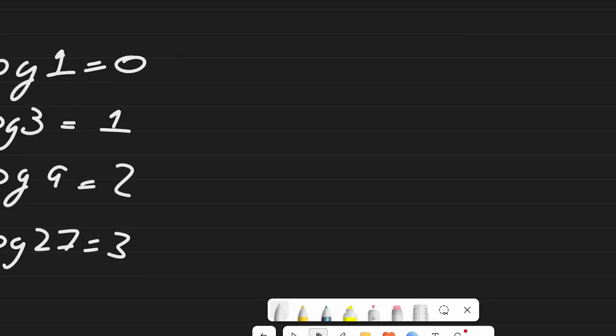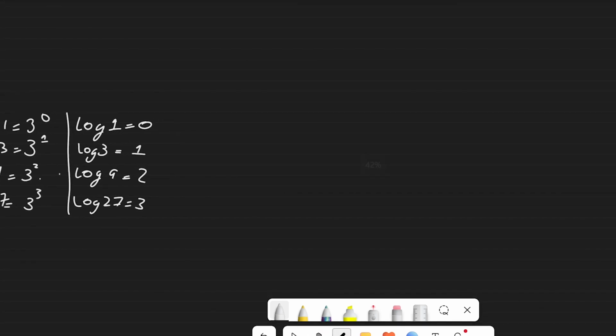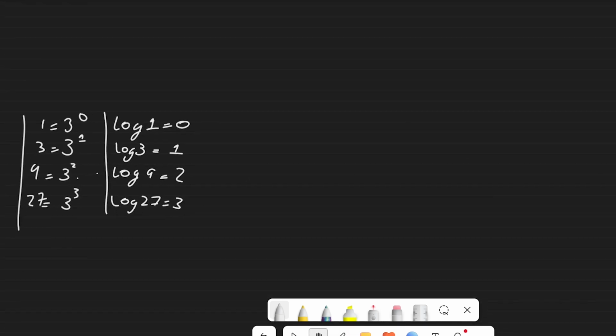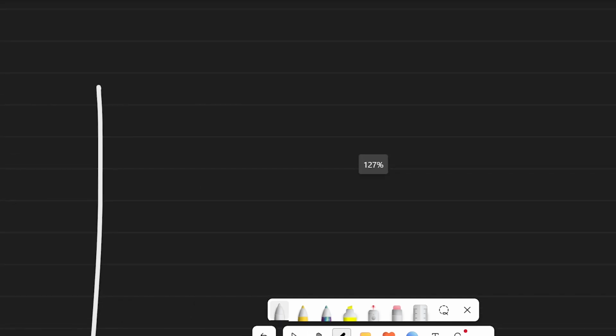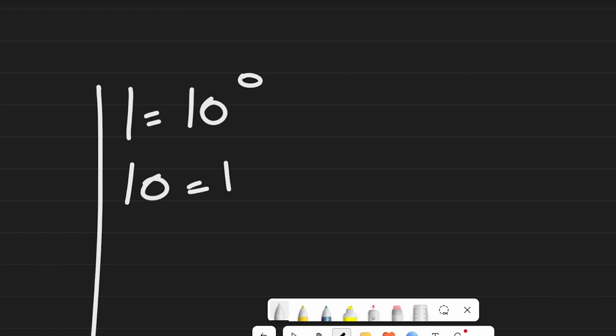Let me write another example for better understanding. You will also do it side by side. For example, if I have 1 is equal to 10 power 0, then we have 10 is equal to 10 power 1, 10 power 2 is equal to 100, and 10 power 3 is equal to 1000.